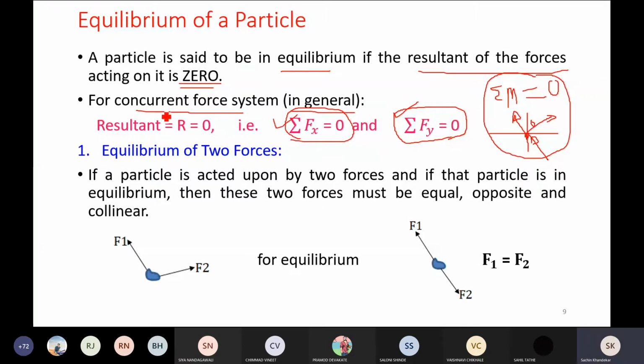So for a concurrent force system, we apply only these two equations: summation Fx is equal to 0 and summation Fy is equal to 0.